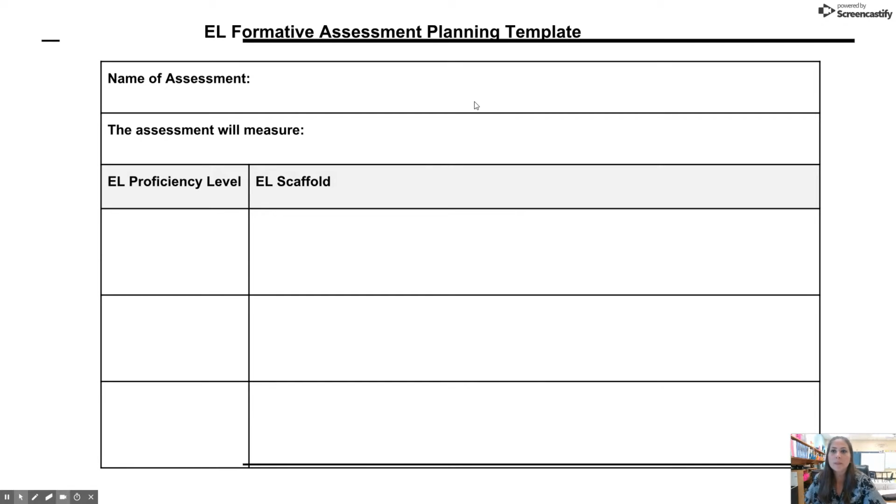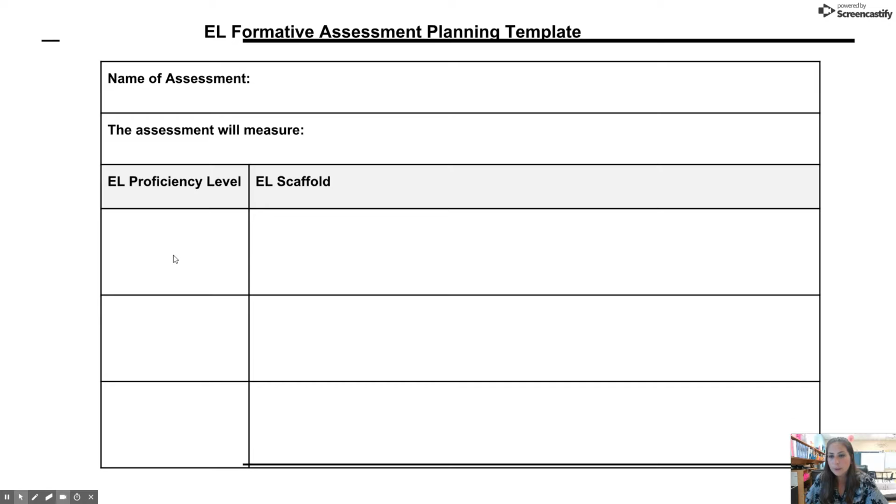Think about what you are trying to measure in that test, and then look at the test and see, are you measuring anything else besides what you are trying to measure? Like maybe you're measuring their ability to write and complete sentences, but maybe that's not the goal. Maybe that's not the standard you're trying to look for.